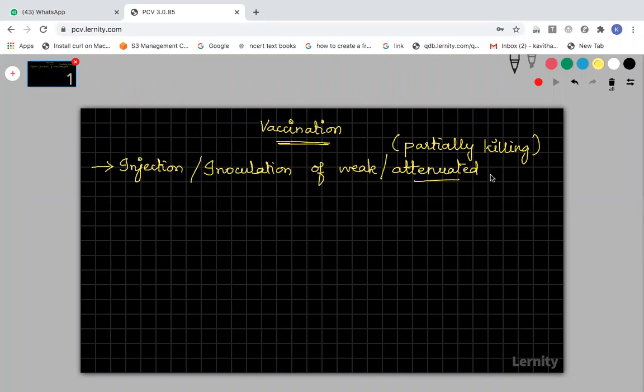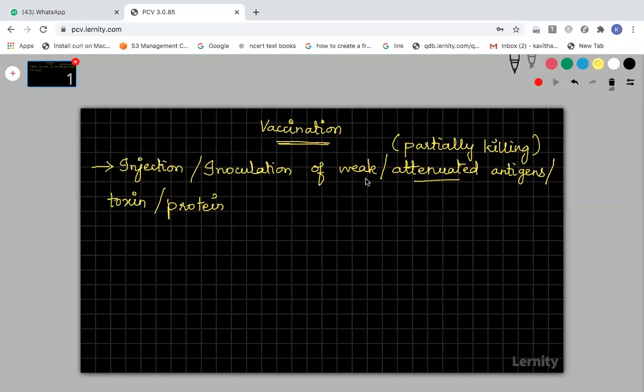So these weak or attenuated antigens, or it can be a toxin, or it can be a protein, the pathogen or toxin or protein responsible for causing the disease will be either weakened or attenuated.